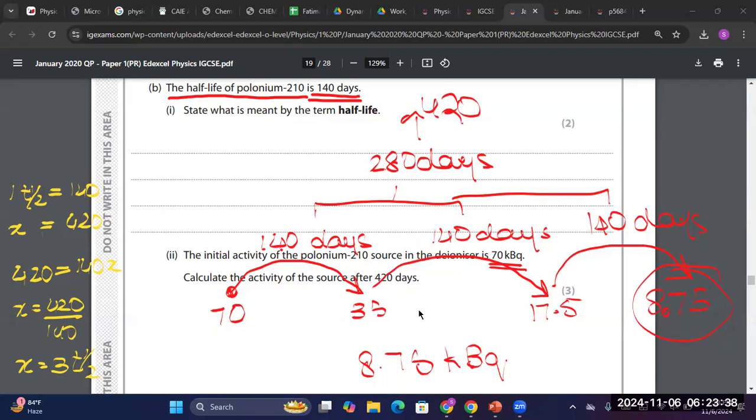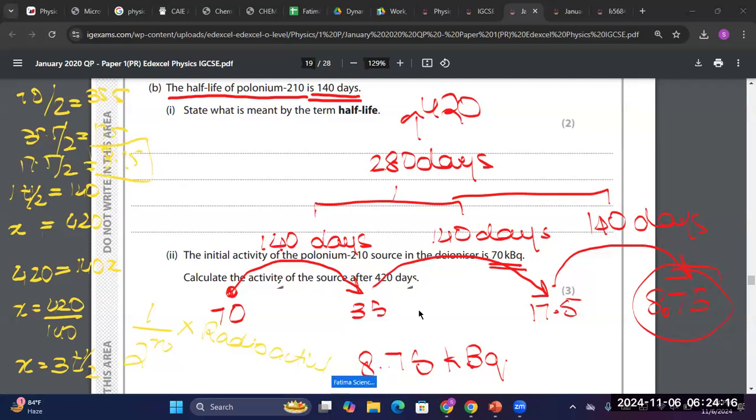So you can just divide the value 3 times. 70 divided by 2 gives you 35. Then 35 again divided by 2 gives you 17.5.